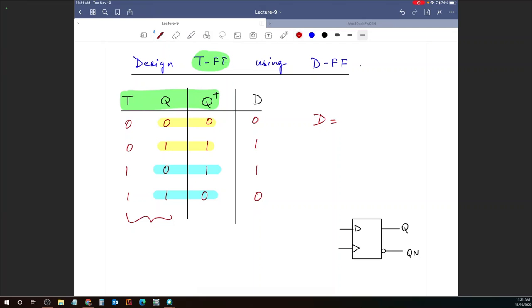So 0 0 it is 0, 0 1 it is 1, 1 0 it is 1, 1 1 it is 0. In other words, when T and Q are the same, D is 0. When T and Q are different, it is 1. Exclusive OR, perfect. And Preston is also right. T exclusive OR Q, which is also T Q complement or T complement Q.